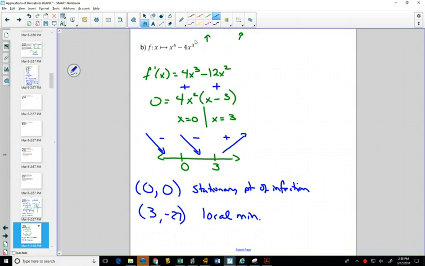When we go to sketch this graph, we can label our points. We've got 0, 0 and 3 comma negative 27. We know that our function is decreasing.